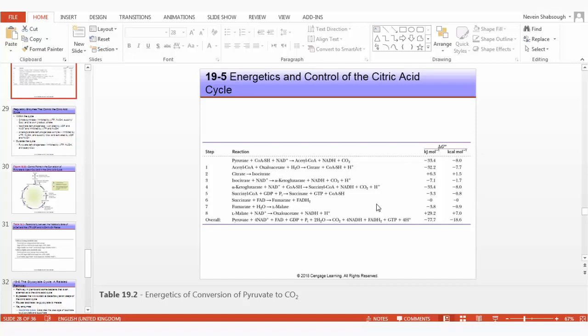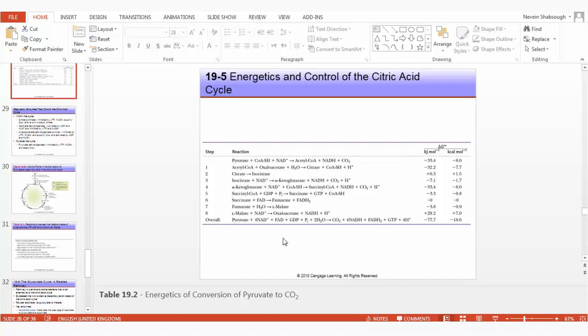This is a summary of the conversion of pyruvate to CO2: 4 NADH and FADH2. These will be reoxidized by the electron transport chain so that a considerable amount of ATP is produced.